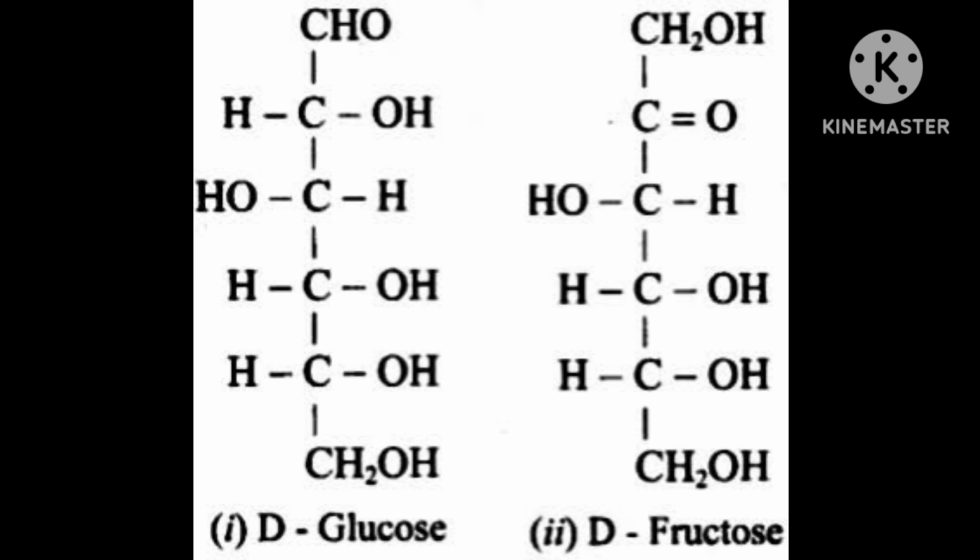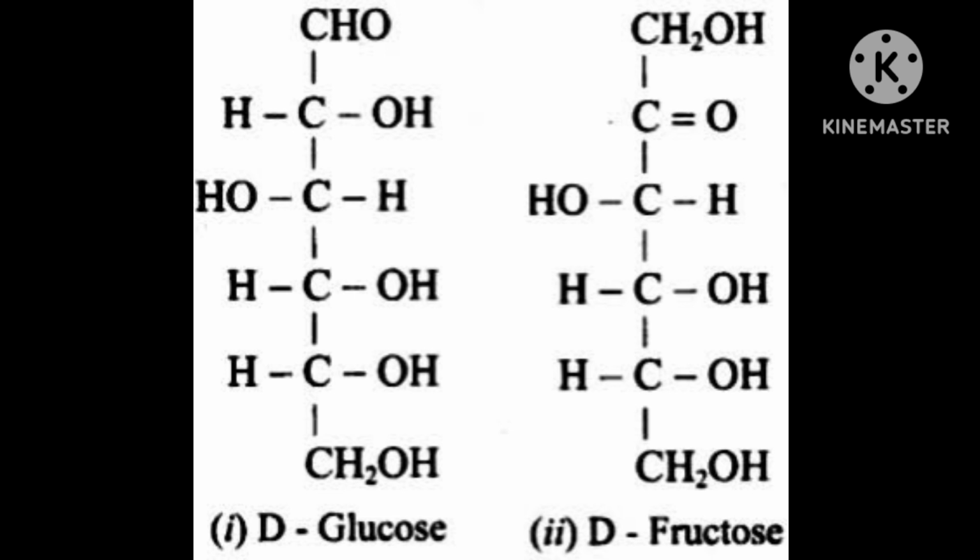The cyclic structure of glucose is more correctly represented by the Haworth structure. Haworth is the name of a scientist. Pyranose structure is called Haworth structure.